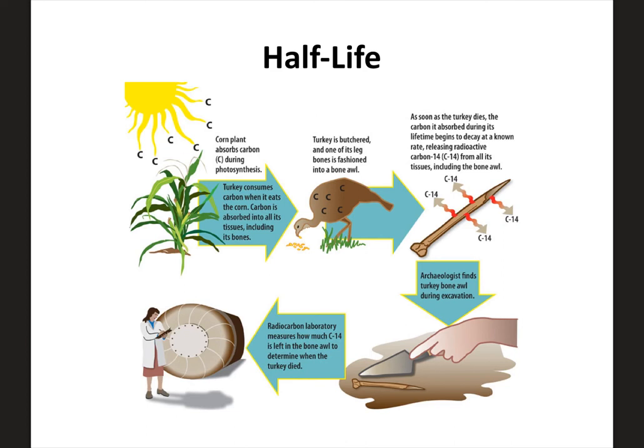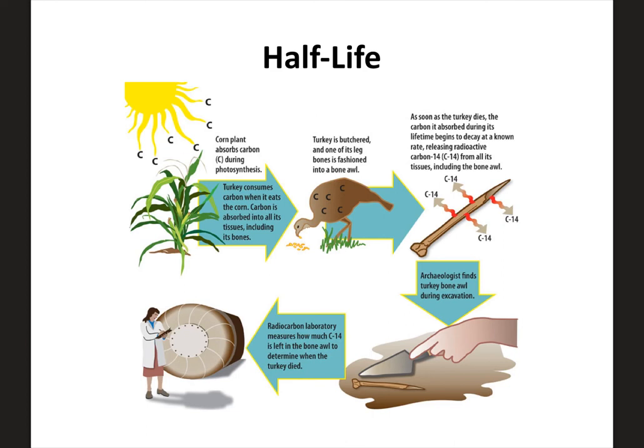So if you notice here, we have this corn plant absorbing carbon during photosynthesis, and then eventually a turkey comes along and consumes that carbon when it eats the corn. The carbon is absorbed into all the tissues and the bones of the turkey itself. Then eventually this turkey is killed and one of its legs is turned into a weapon.